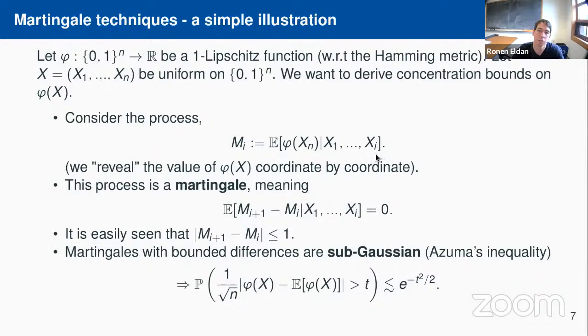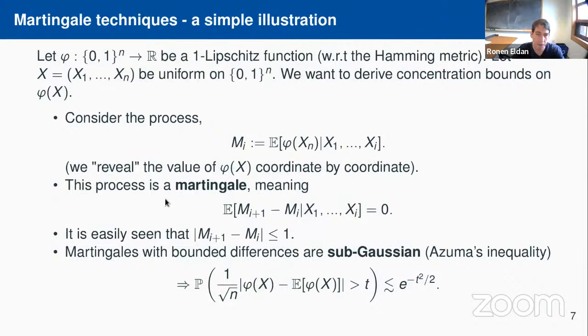So at time 0, we just have the expectation of phi. At time 1, we have the expectation of phi conditional on knowing the first coordinate, then conditional on knowing the second coordinate, etc. So we reveal the value of phi of x coordinate by coordinate.